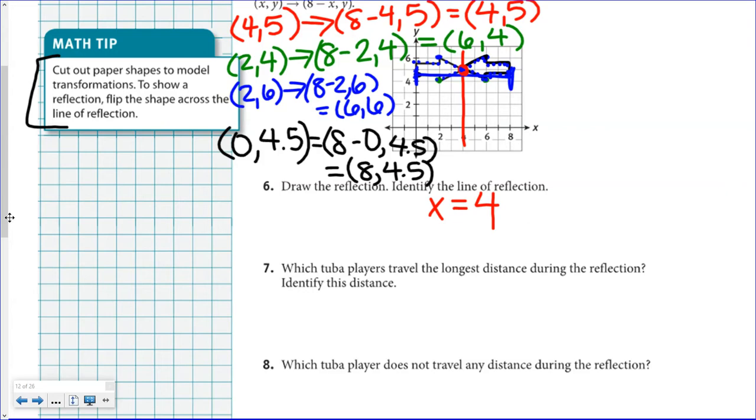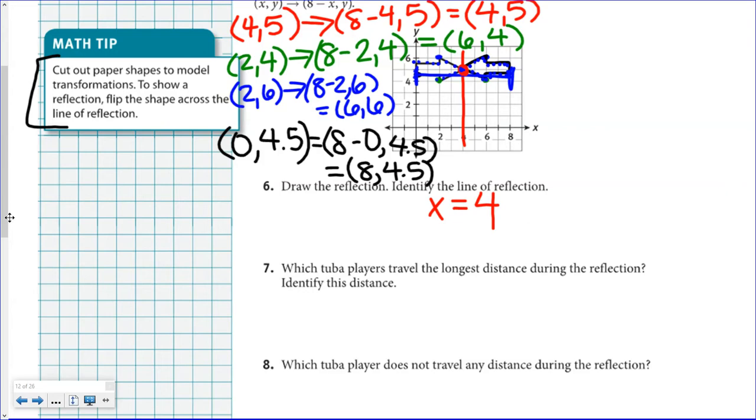And that means that it preserves the distances between the points within the figure. Since the reflection maps 4, 5 onto itself, the reflection preserves the distance from each tuba player to the point 4, 5. In other words, a reflection is a rigid motion. So the pre-image and the image are the exact same shape and size. The marchers keep the same spacing in between the points.